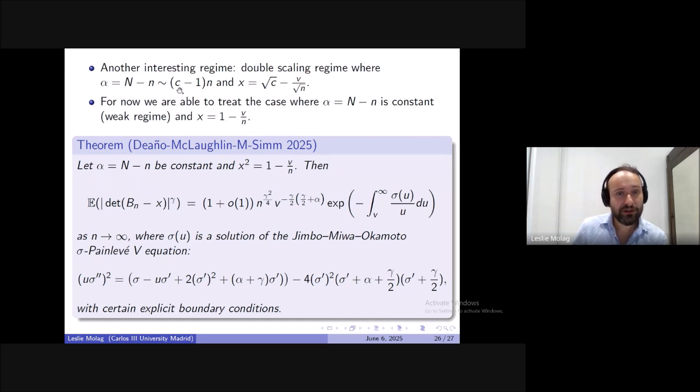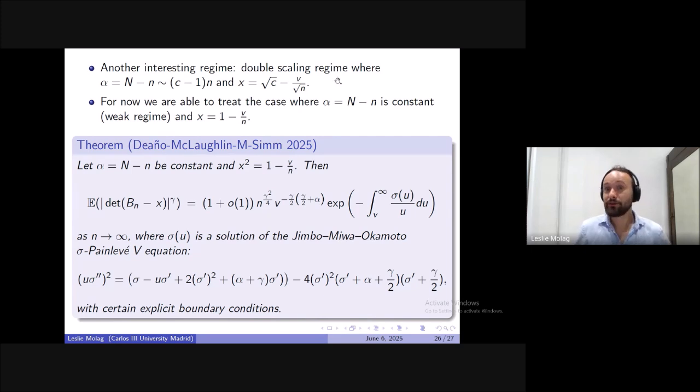I guess maybe this should have been C inverse minus 1. But you also consider x close to the droplet boundary. In our case, it's close to square root c, and it has to be of order 1 over square root n. We expect to see some interesting behaviors there. We expect to see some Painlevé functions. But for now, we can't do that case.